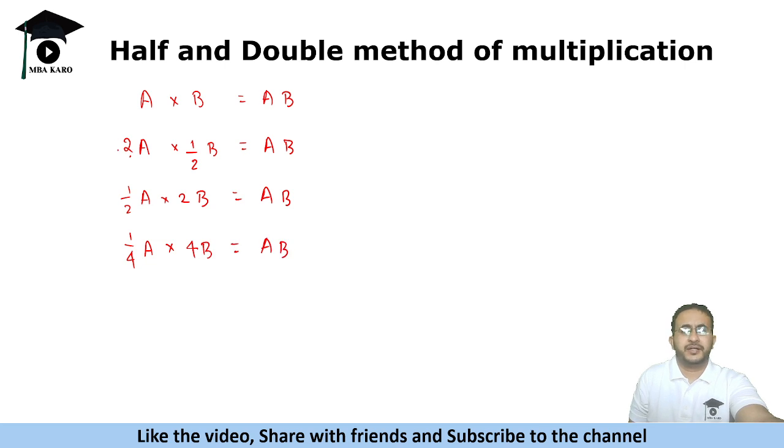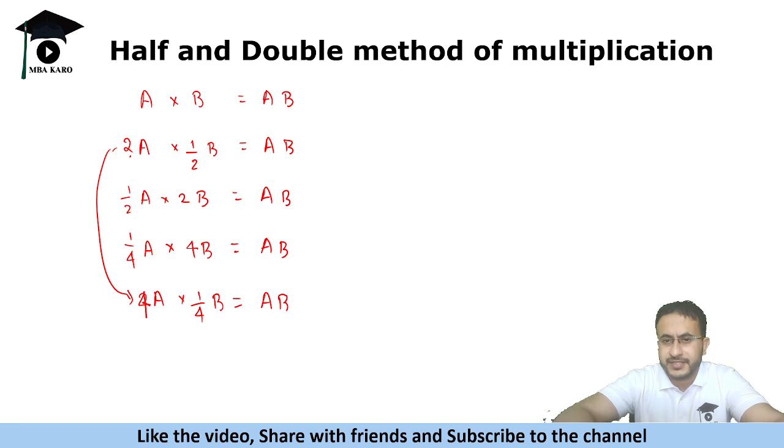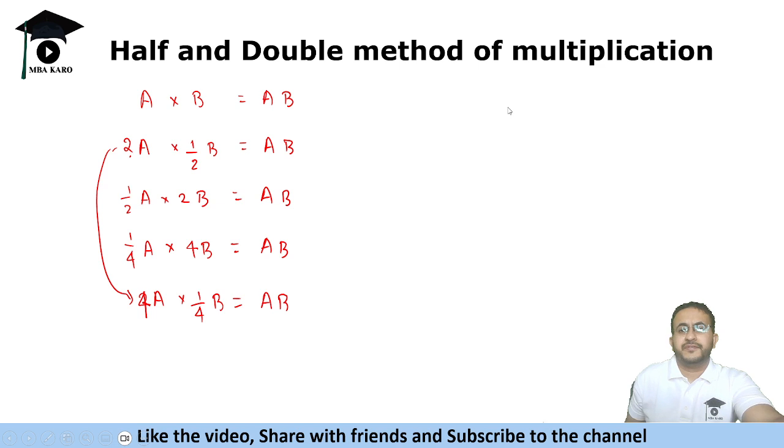If I further take double of this, I get 2A into 1/4 of B, I still get the product as AB. So basically what this technique says is that if you have to multiply two numbers, if you divide a number by n and multiply the other by n, you get the same product. So that's a very simple rule.